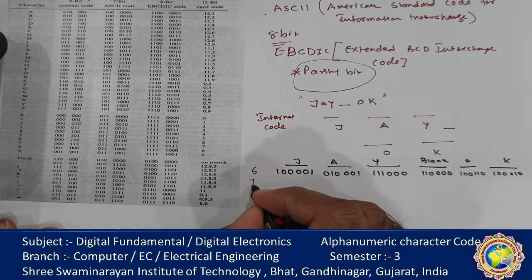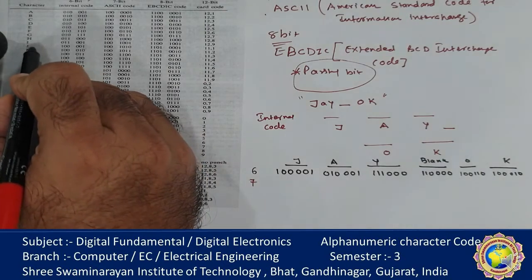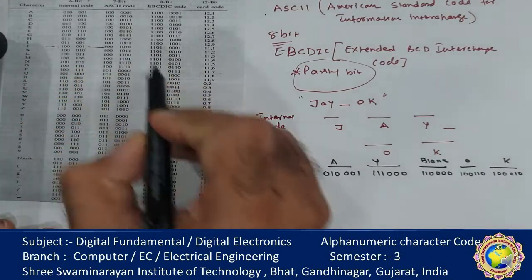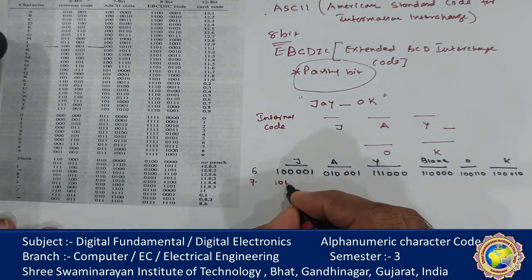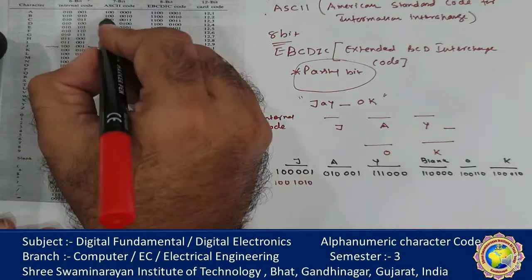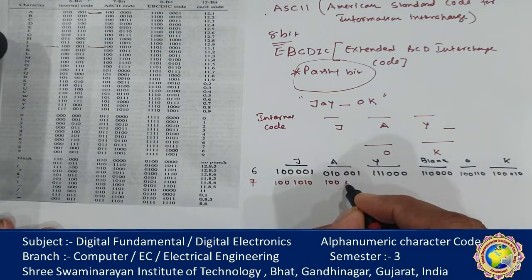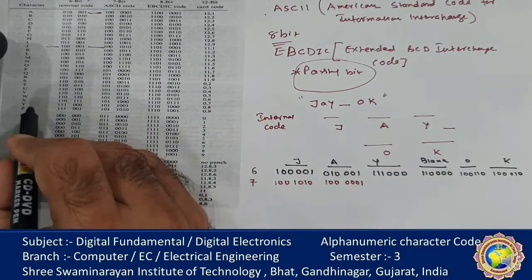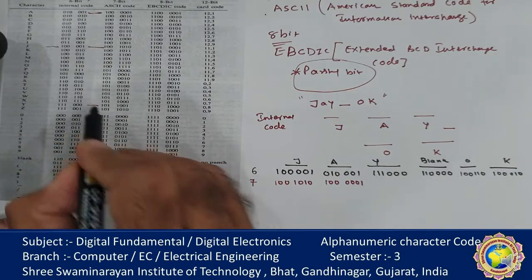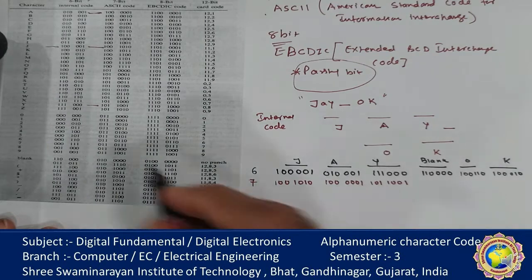Similarly, suppose I want to write the same in the 7-bit code. For J, the 7-bit code is 1001010. A is equal to 1000001. Y is equal to 1011001.